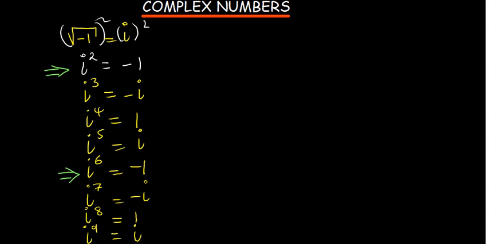What is happening here? So we had i to the power 2. And what happened for us to get i to the power 6? What do you think? What did we do? Any response?